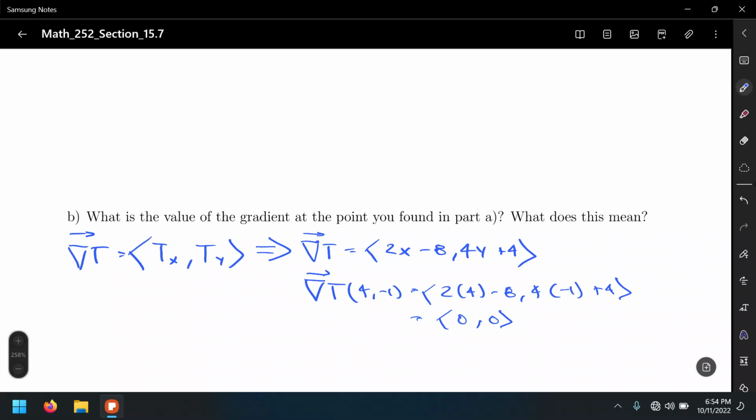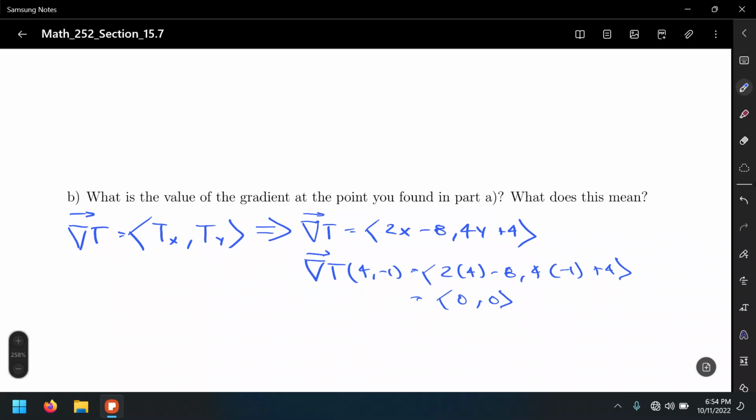They're actually asking us for the value of the gradient, or the magnitude of the gradient, right? It's not clear what they mean by the value. The gradient is a vector that stores two pieces of information: the rate of change in the x direction and the rate of change in the y direction. It also gives us the direction of steepest ascent or descent, depending on the sign.